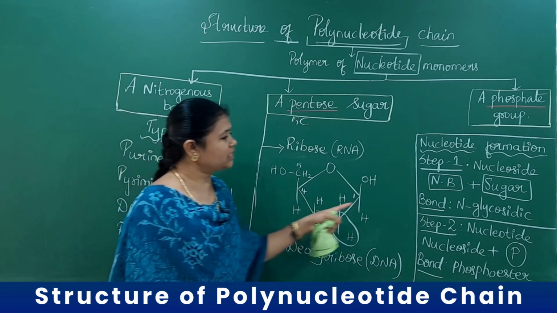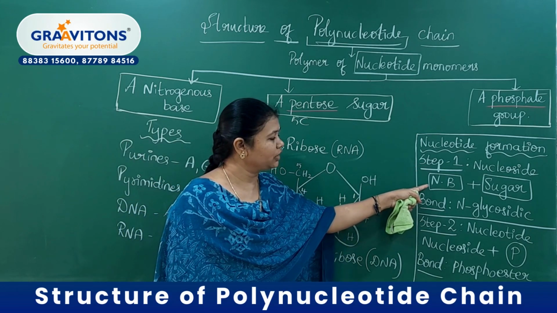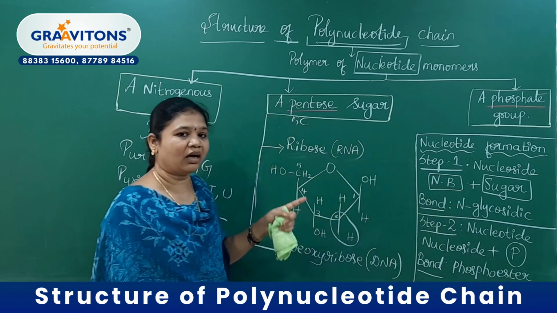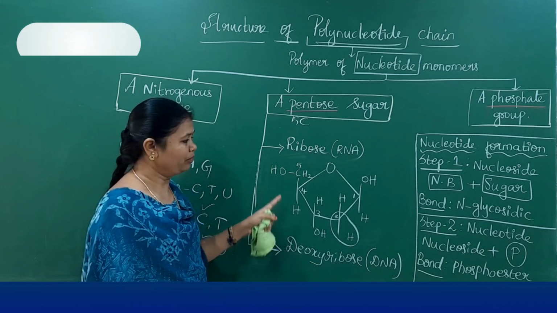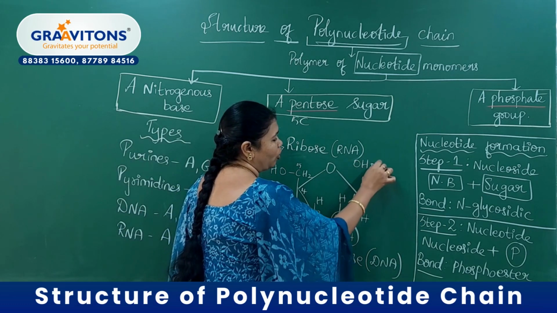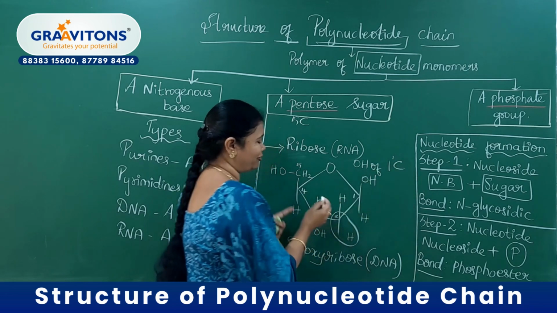In the first step, for nucleoside formation, the nitrogenous base should come and attach to the sugar. Let us see clearly which carbon and which bond. In our textbook it is mentioned as the OH of the first carbon of the sugar.